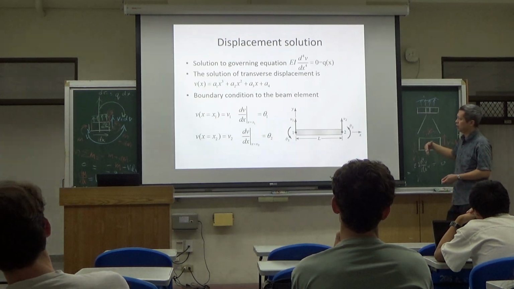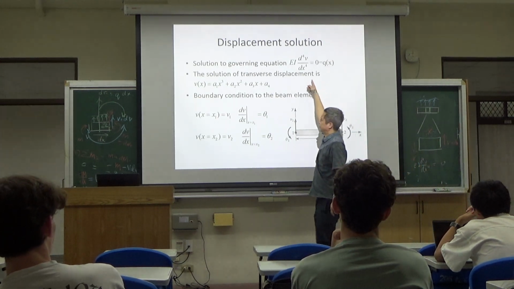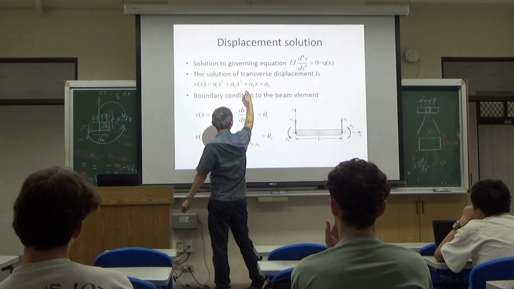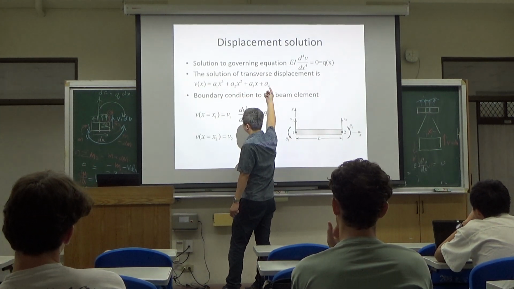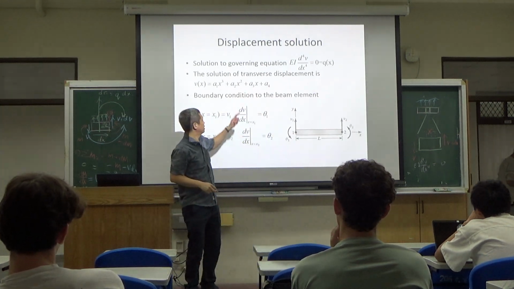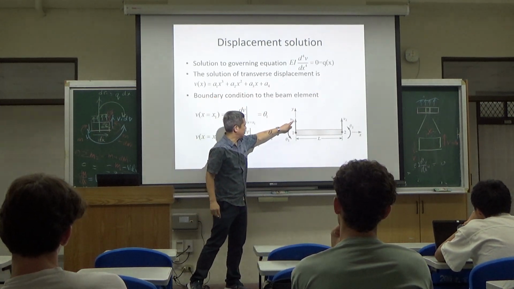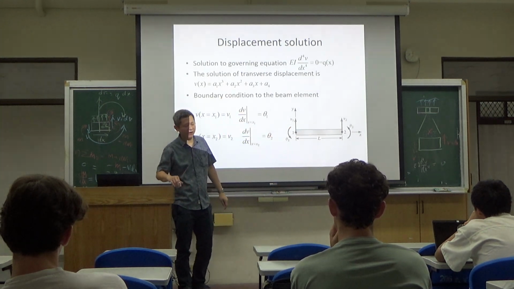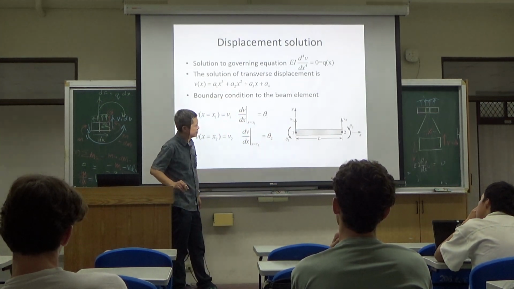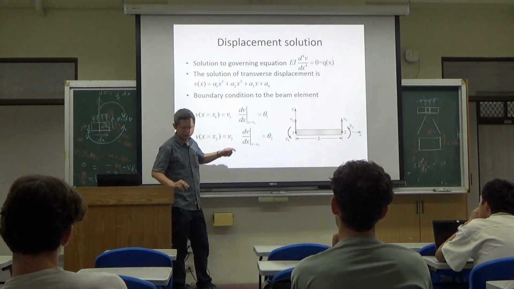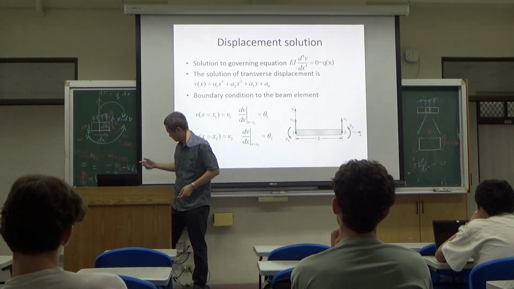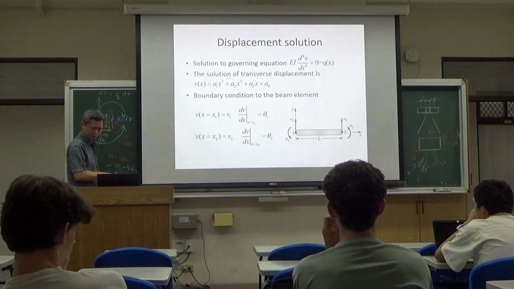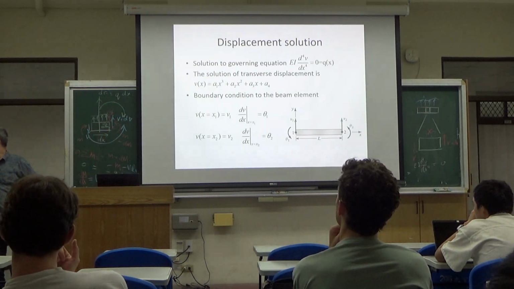You can do integrations once, twice, third, and fourth. Then you can have the displacement as a cubic function of space. That should be quite straightforward from the calculus or integral point of view.